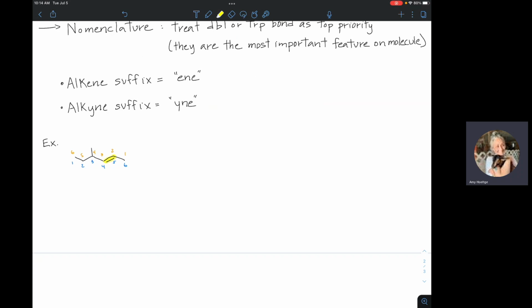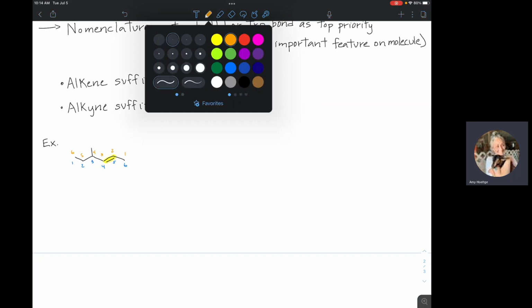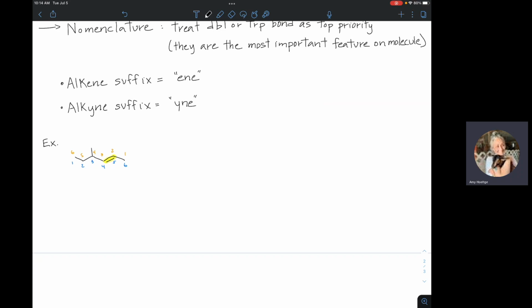And that's going to be my functionality. So it's not a substituent like that methyl group is, right? Or if there was like a chloro group or a bromo group or whatever. So this molecule is actually named after the alkene. So I'll be using that suffix. The other thing you want to do is then to make sure that you're going to be giving the double bond priority, right?